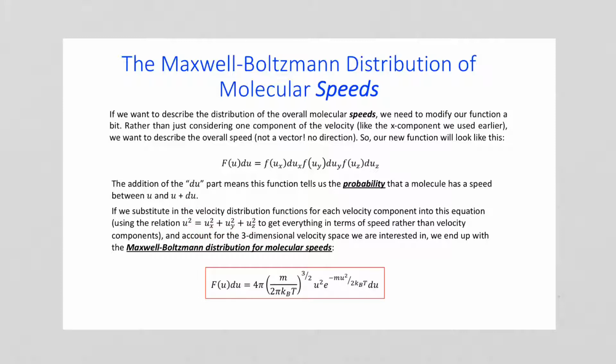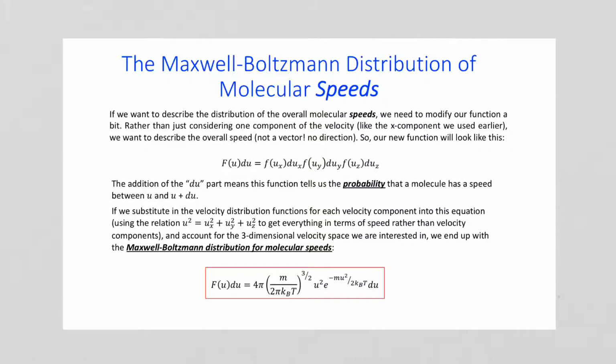Again, McQuarrie and Simon has a section where it goes through where this relation comes from, but just remember your overall speed is a combination of all of the different directional components. So just kind of going from that velocity space to our speed space, if you will.